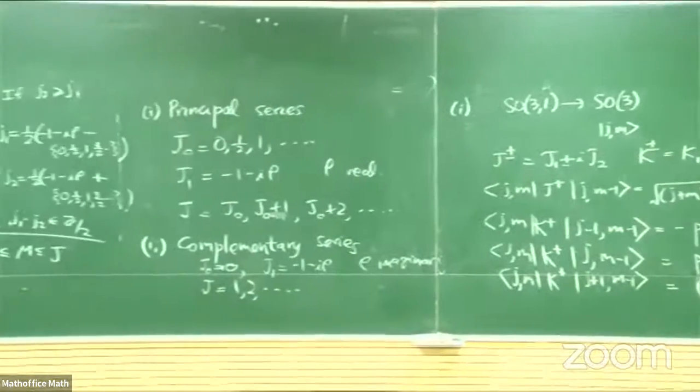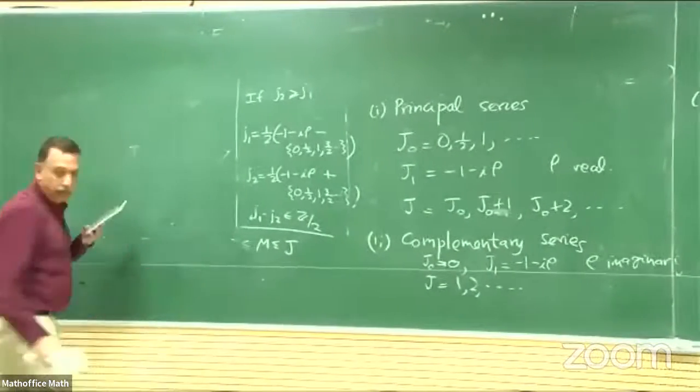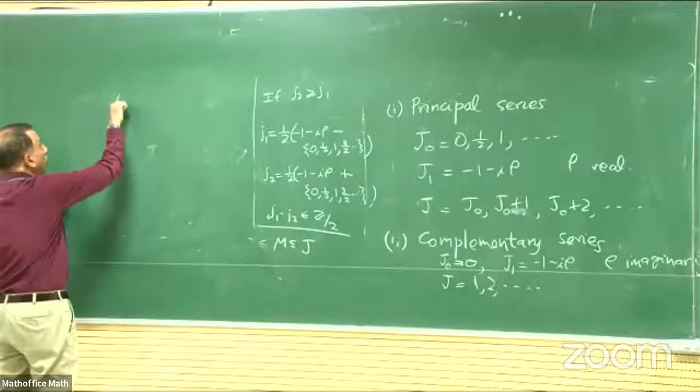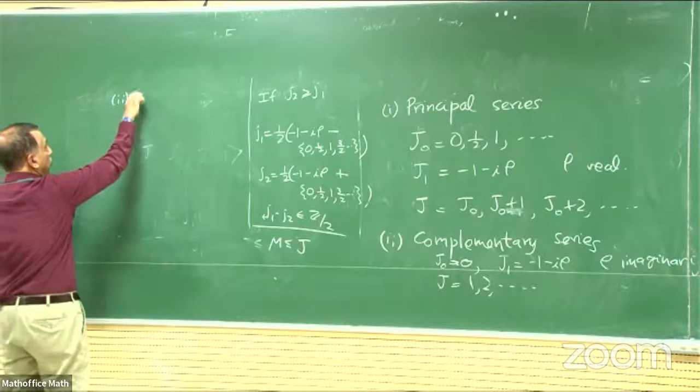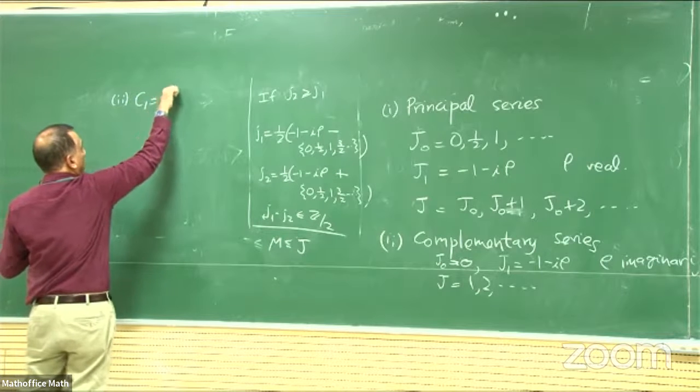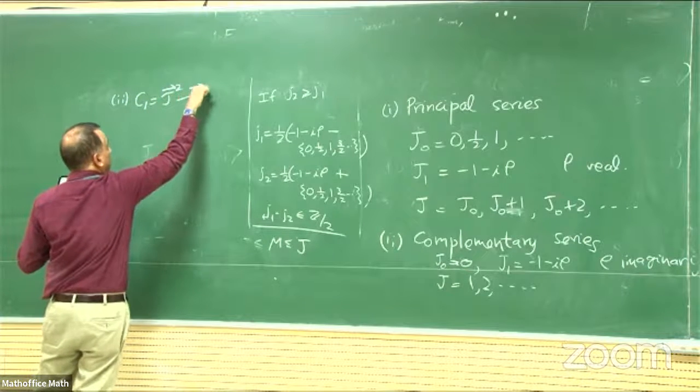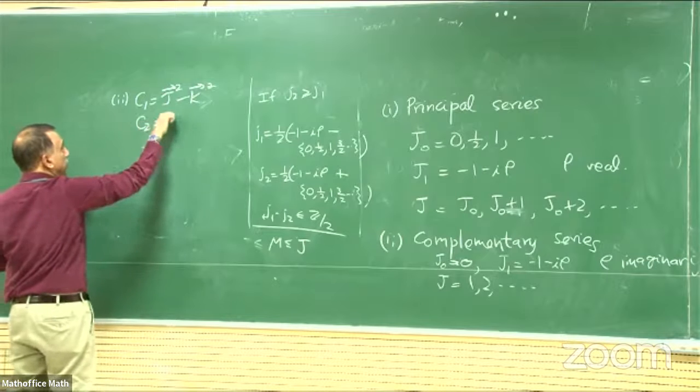Now step 2. So recall that C1 is J squared minus K squared. These are the two Casimirs. He brings them in now.